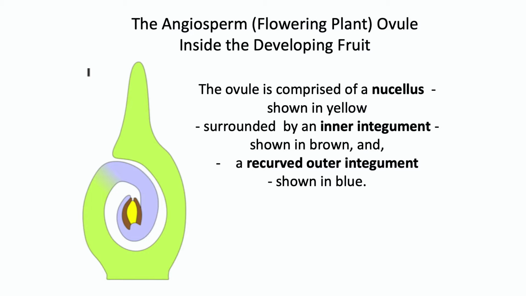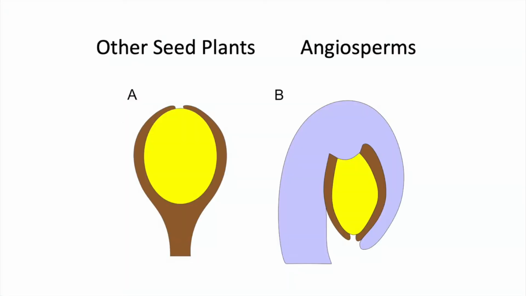Like the carpel itself, this outer or second integument is a characteristic feature of angiosperms, because in other seed plants, such as conifers and ginkgo and cycads, there's just one integument, which most people think is equivalent to the inner integument in angiosperms.